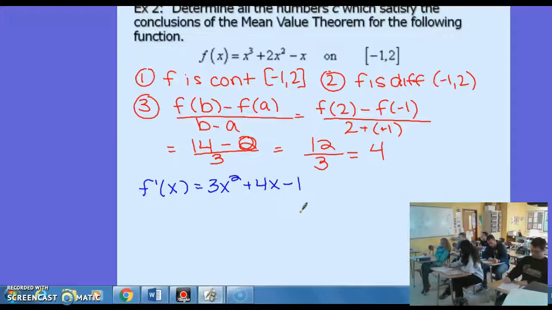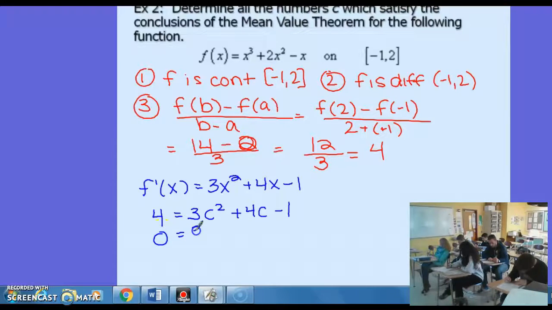So what we're going to do is say 4 equals 3c squared plus 4c minus 1. And what that's doing is giving you a critical point where the slope of the tangent equals the slope of the secant. So remember, in order to solve a quadratic, it has to be set equal to 0.